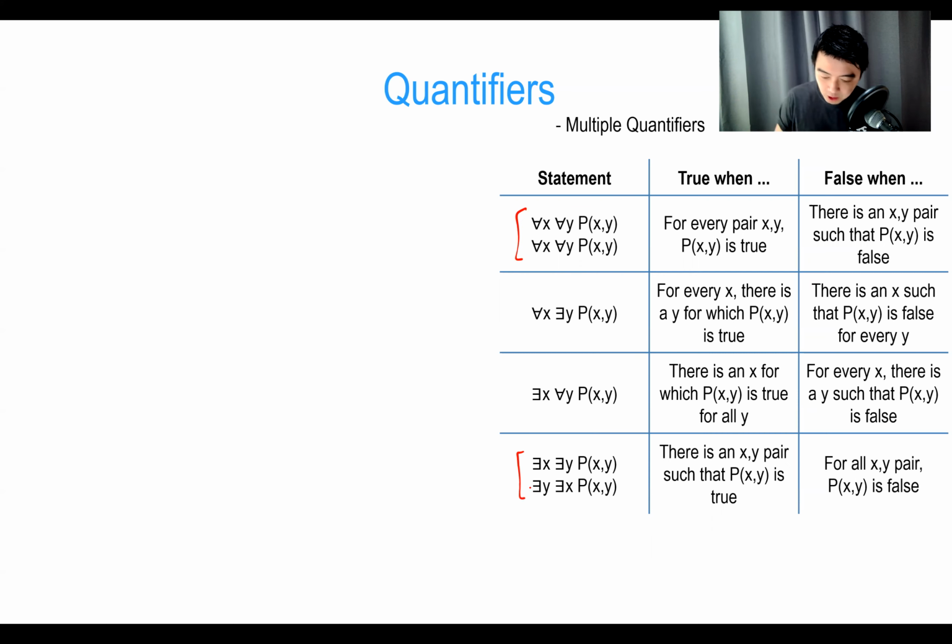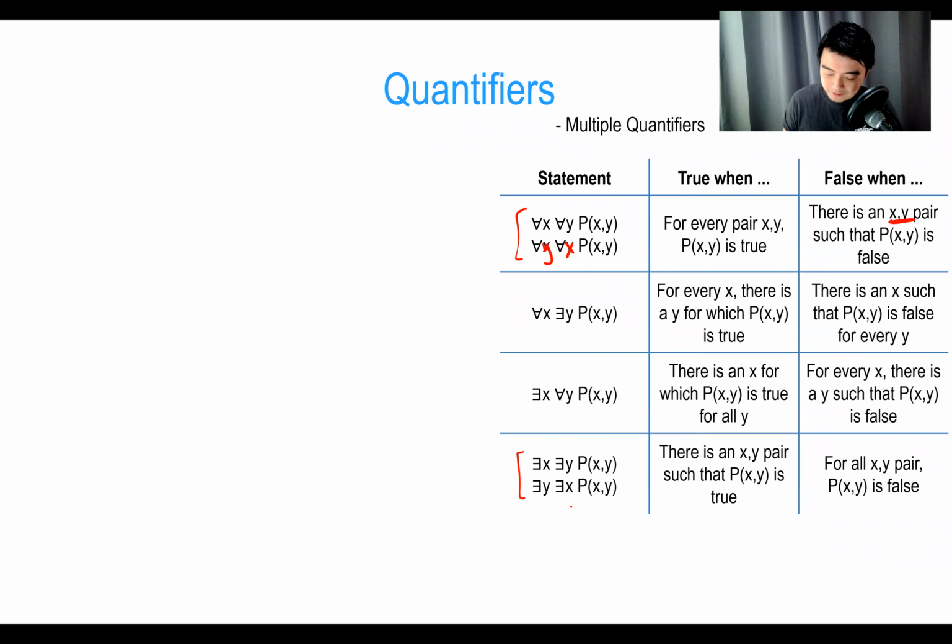If we have for all x for all y, it's the same as for all y for all x. So switching the order of the quantifiers or the variables does not matter. It's true when every pair of x and y makes p of x, y true. It is false when there's a pair x and y that makes p of x, y false.